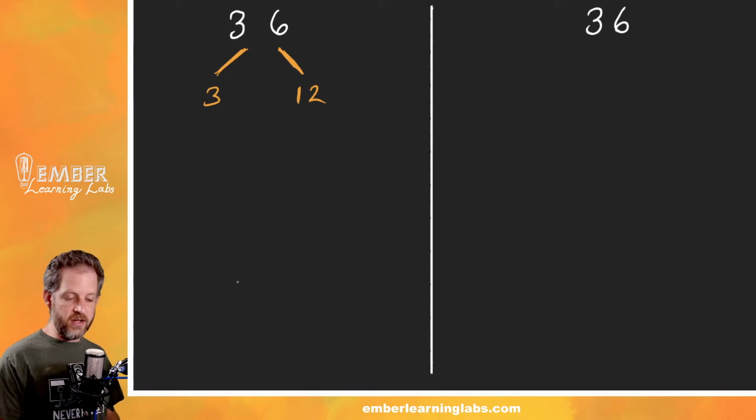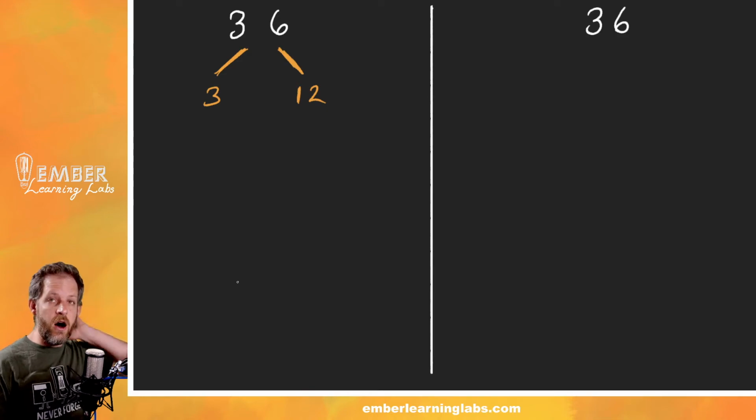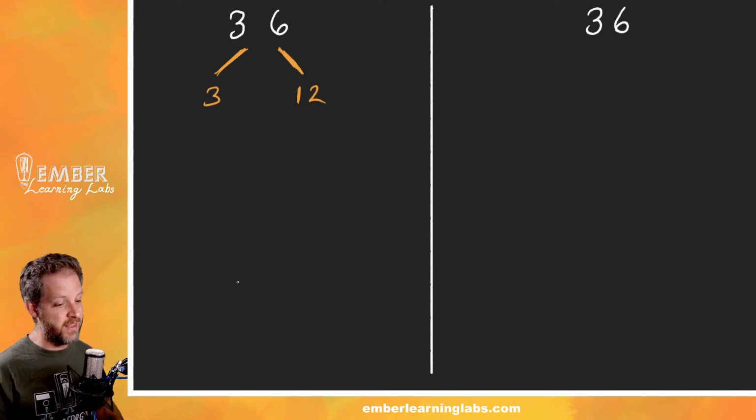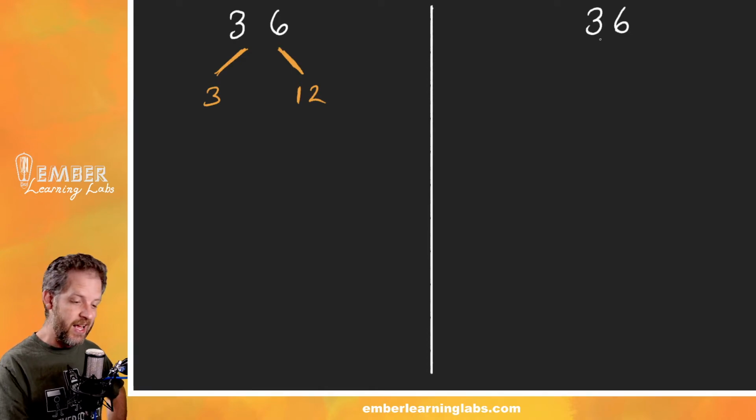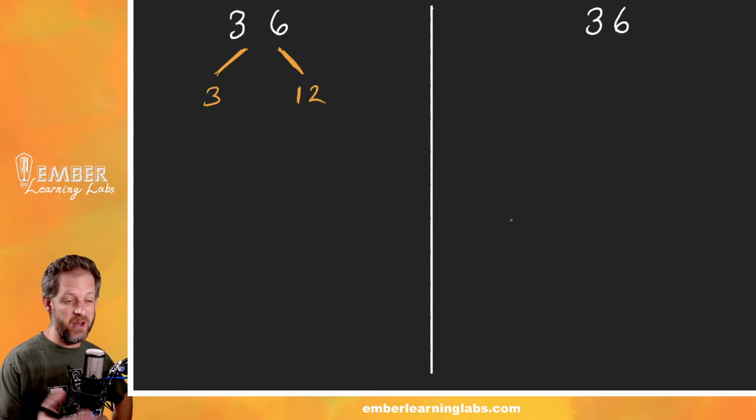You might also take a look at this and know that all even numbers are divisible by 2. You might be like, okay, it's even, and so it's definitely divisible by 2. And you might say, I don't know what 2 times what equals 36.